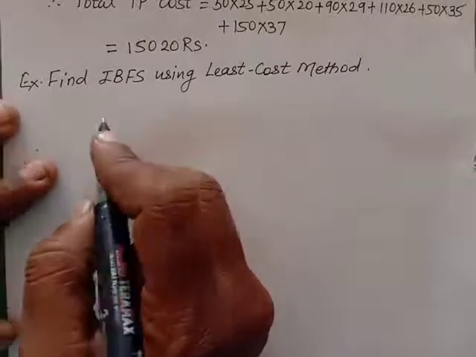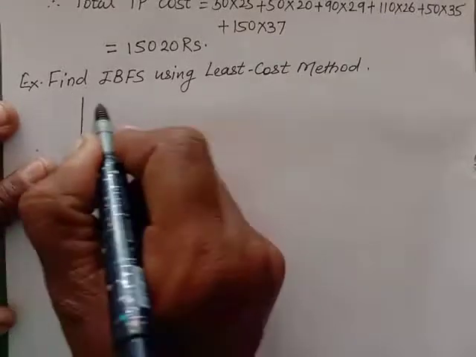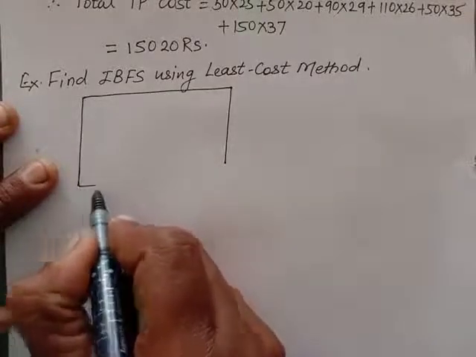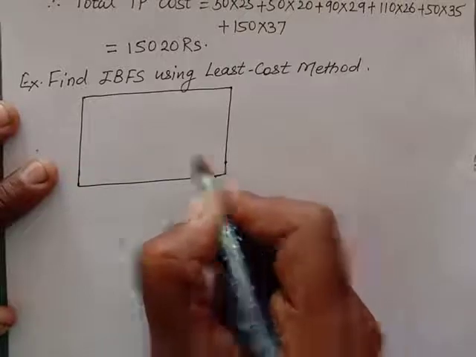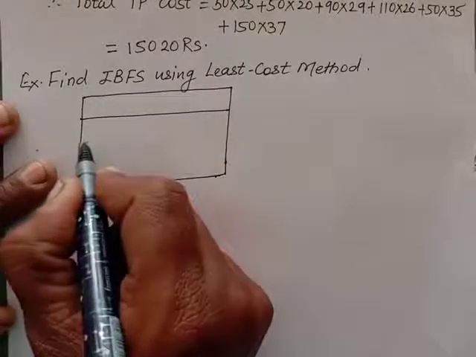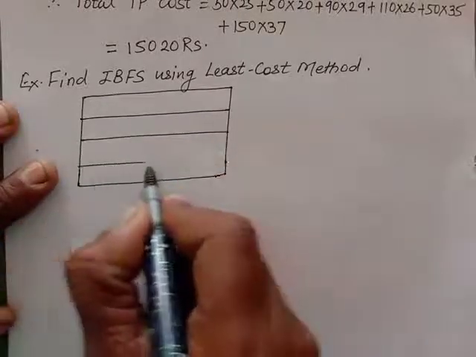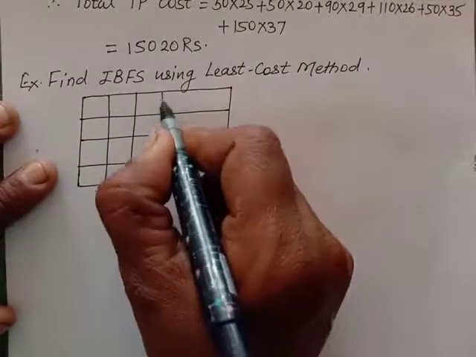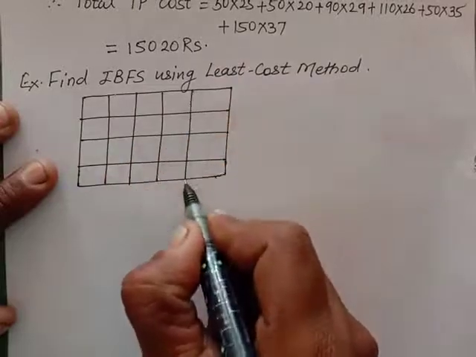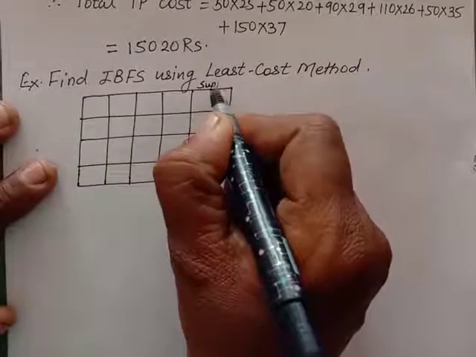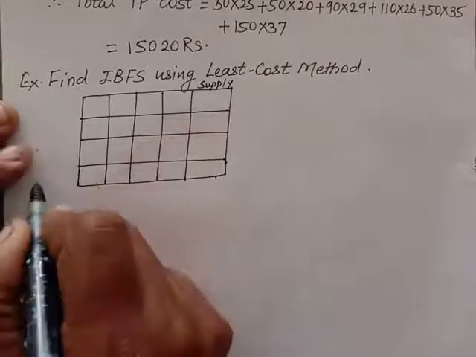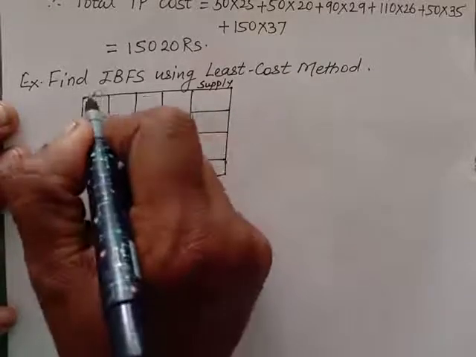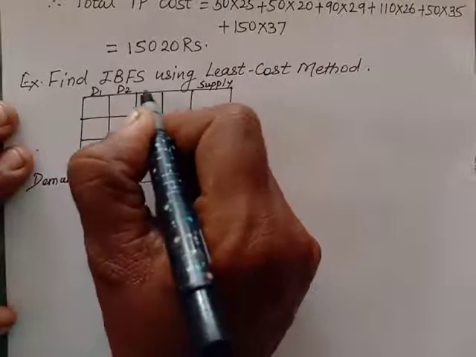So the question is that here supply, demand, D1, D2, D3, D4.